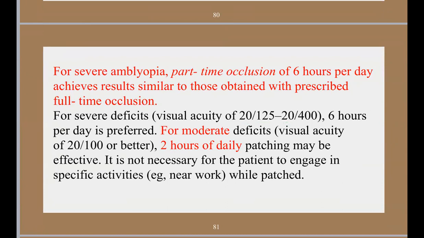And if the visual acuity is better than 20/125, I'll just do 2 hours of daily patching. This will be sufficient. This will be effective. So in cases of moderate, I'll do 2 hours daily. In cases of severe, I'll do 6 hours daily.